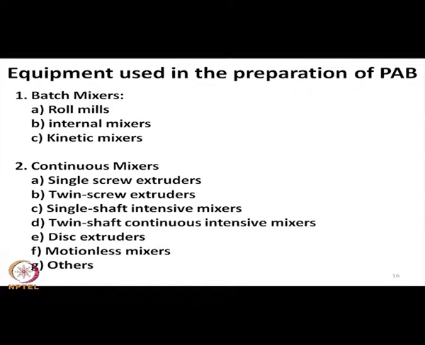Let us look into the different types of equipment necessary in order to make these polymer alloys and blends. Such mixing equipment can be of batch type or continuous type.